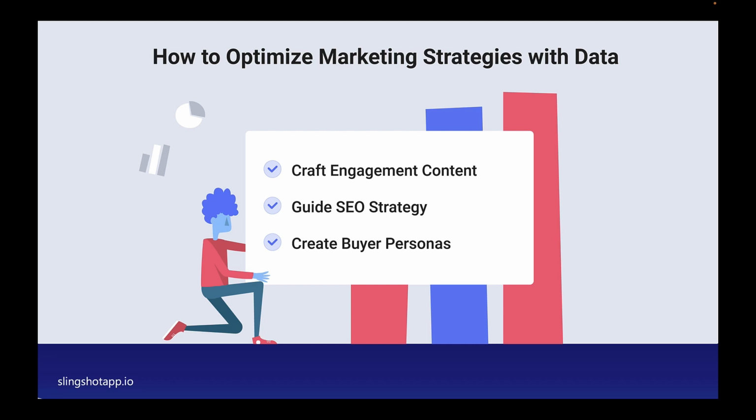Another example of how you can use data to optimize your marketing would be guiding your SEO strategy. So optimize your search engine optimization efforts with data-driven insights. Let's say you run an e-commerce site selling outdoor gear.